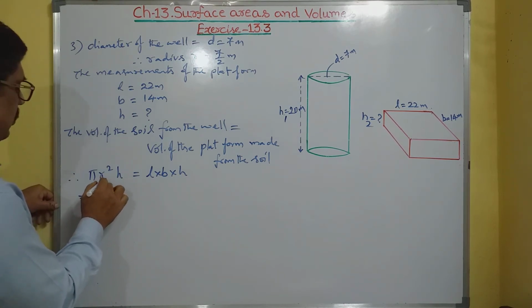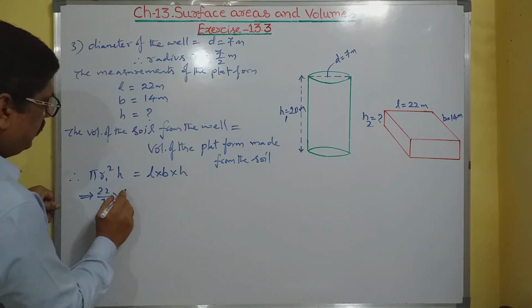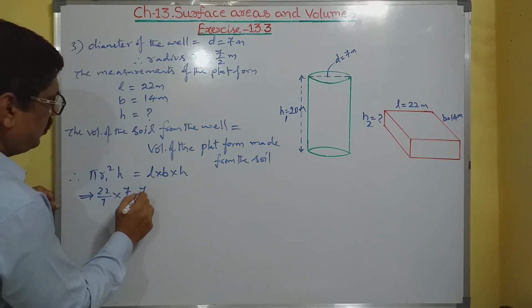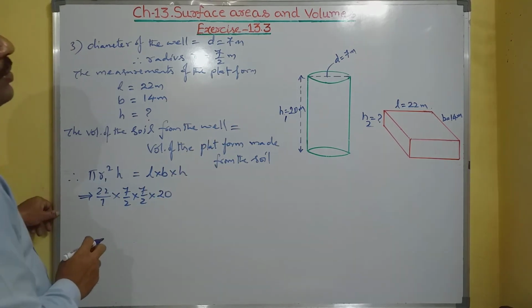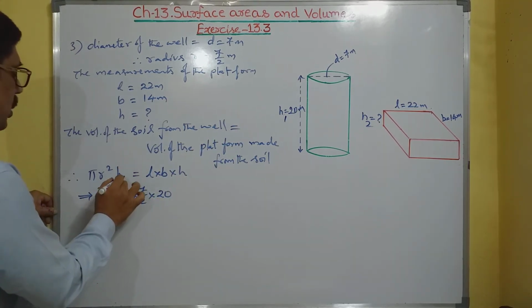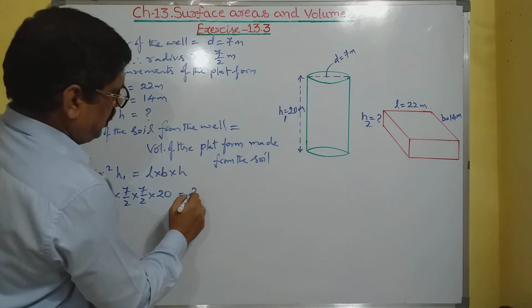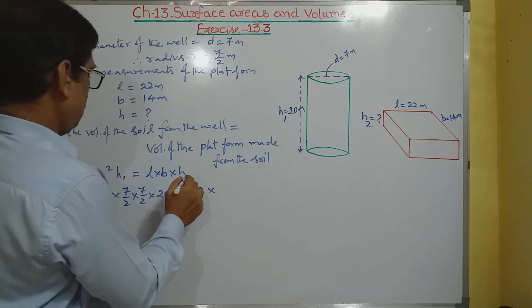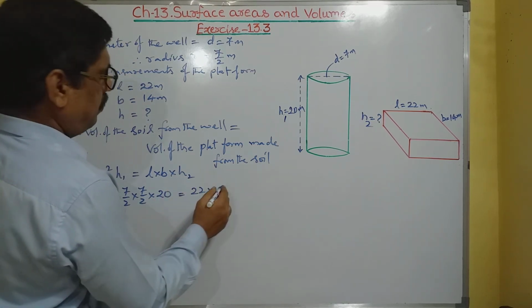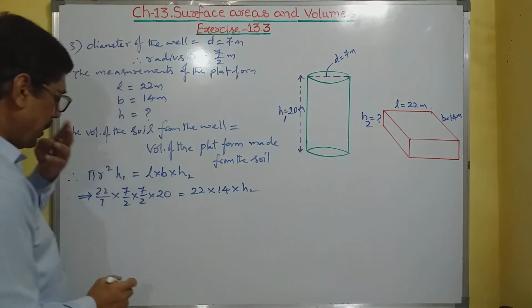So that is cylinder. So R is 7 by 2 into 7 by 2. Its height is 20. Sorry, this is H1. Now this is equal to L into B into H. 22 into, what is the breadth? 14 into H2.